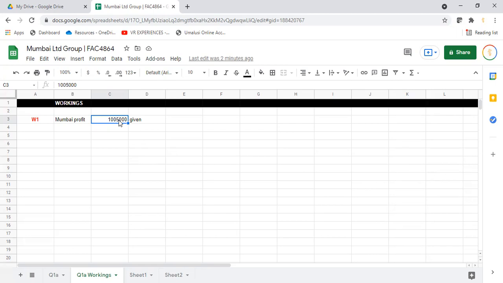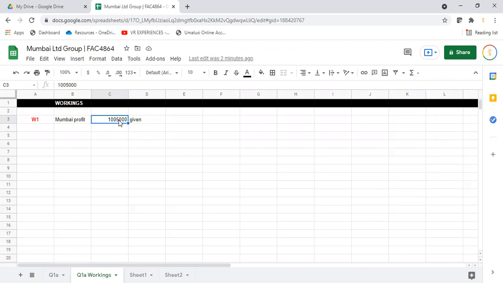Now, with that first journal entry, the journal goes as follows: debit revenue, credit cost of sales. You are decreasing revenue, and as a result you are decreasing profit or loss. Then you are crediting cost of sales, so you are decreasing cost of sales, and a decrease in cost of sales increases profit.